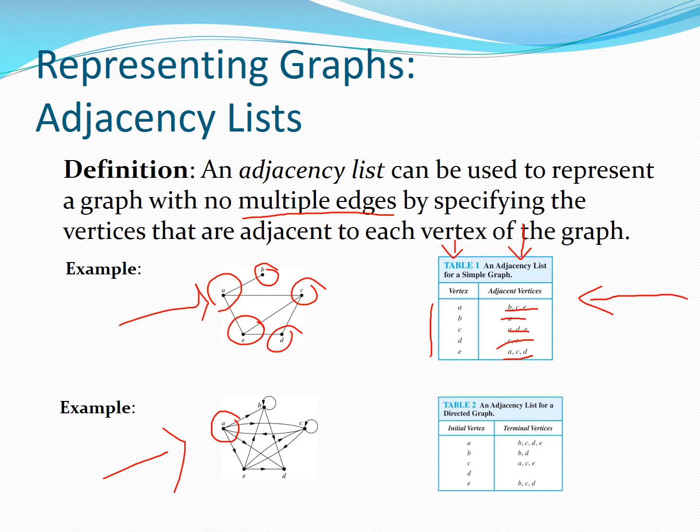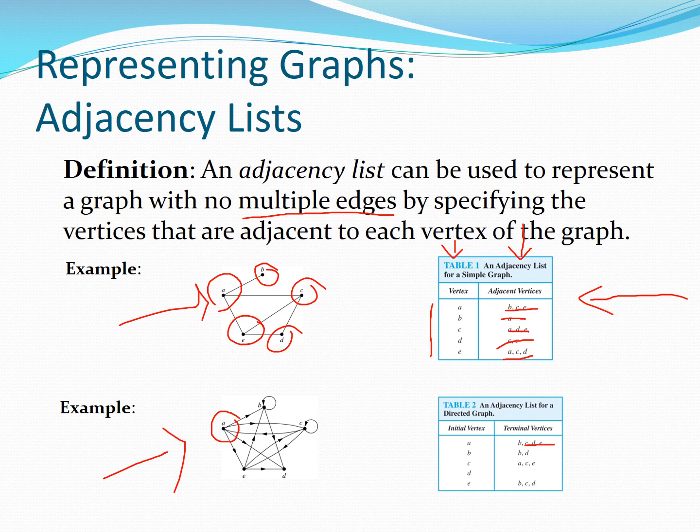So there is an outgoing edge from A to B, from A to C, from A to D, and from A to E. So all four of those are listed here.